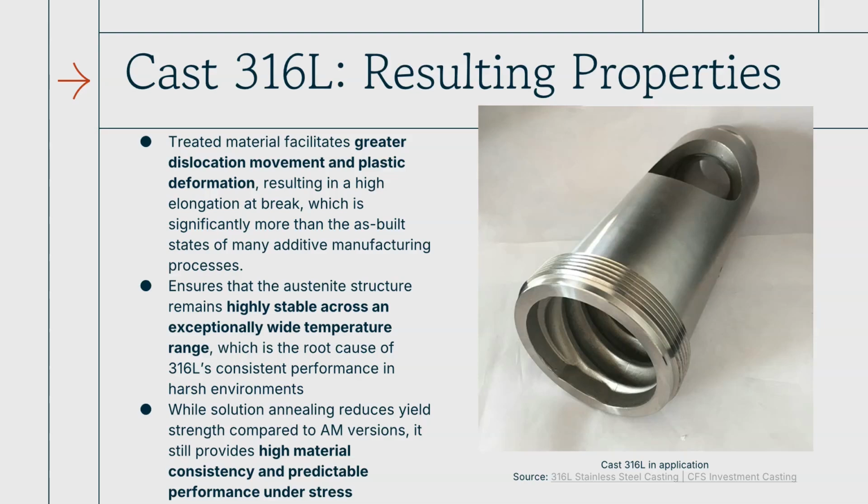The austenite structure remains highly stable across an exceptionally wide temperature range, which is the root cause of 316L's consistent performance in harsh environments. While solution annealing reduces yield strength compared to additive manufacturing (AM) versions, it still provides high material consistency and predictable performance under stress, which makes it a very good material for applications where stress is greatly required.